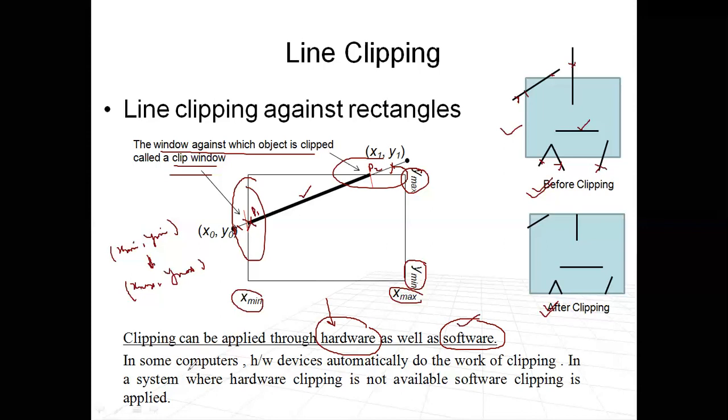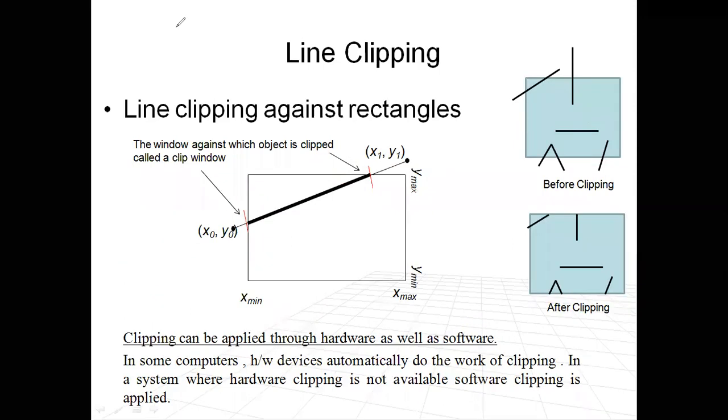In some computers, hardware devices automatically do the work of clipping, whereas in some systems where the hardware is not available for clipping, we can have a program or an algorithm that can be implemented in software to clip the objects. So clipping can be applied through hardware as well as through software.